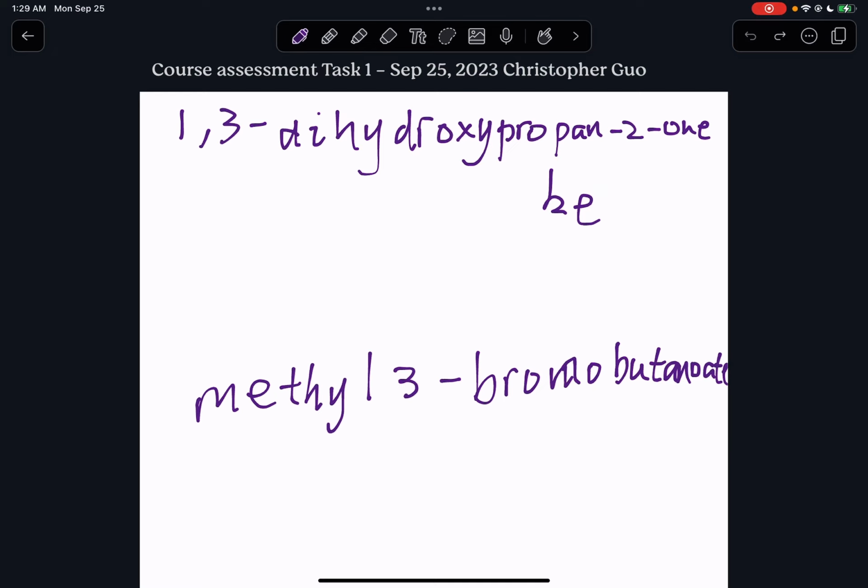So after we know what a ketone is, we can get the idea of how to draw this. First of all, let's draw the main chain: 1, 2, and 3, right? So 3 already tells us it's propane, because propane has 3 carbon atoms. Next, we should know what the "one" is.